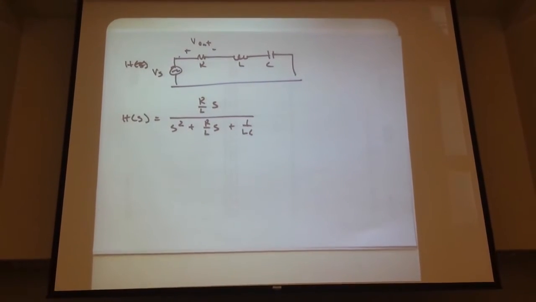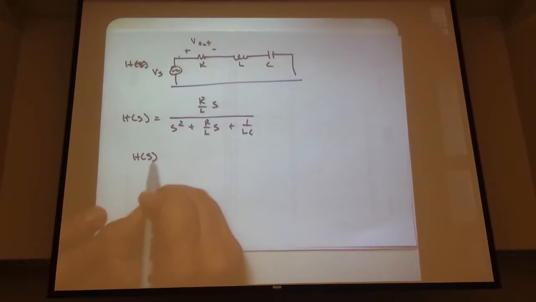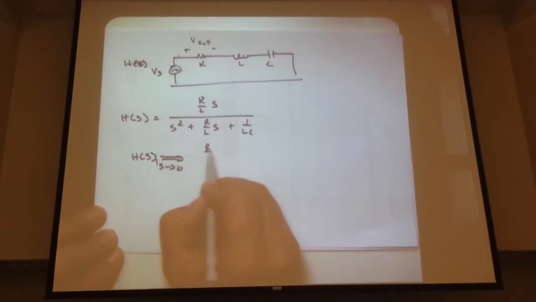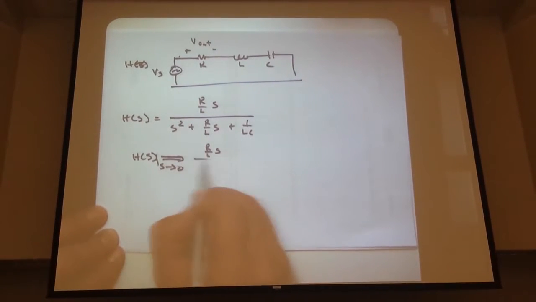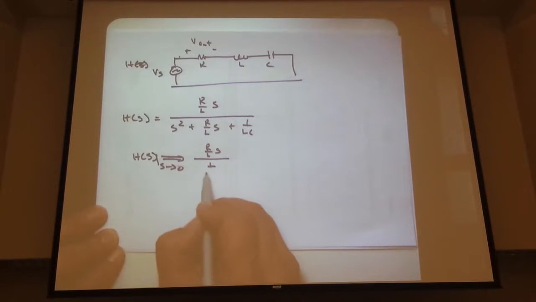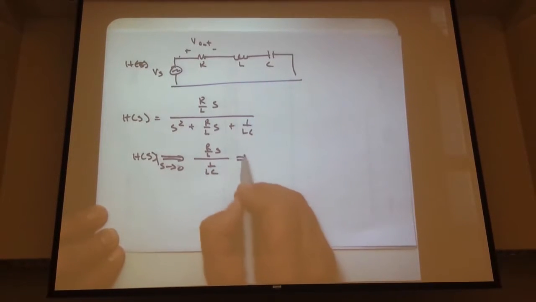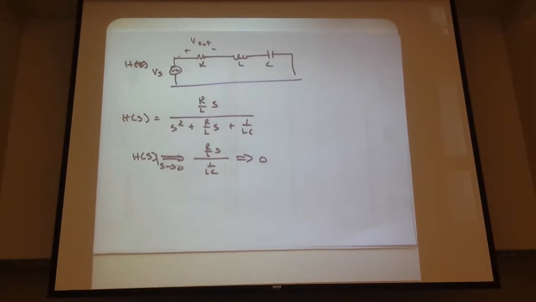And we can do the same argument we did just a moment ago. H of S as S goes to 0. Goes to, keeping the dominant terms, R over L over S, 1 over LC, and again, that goes to 0. We agree? There's an S in the numerator, S is going to 0, so our transfer function has to be going to 0.